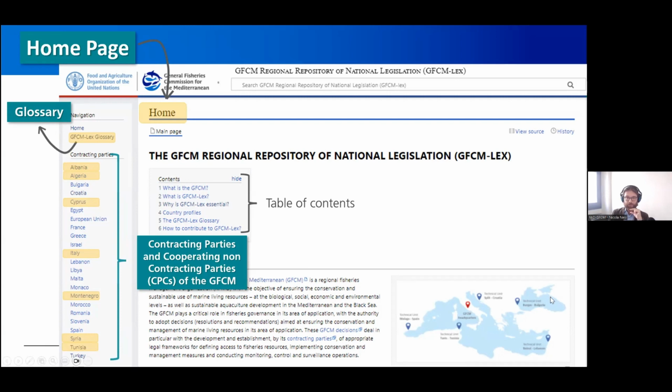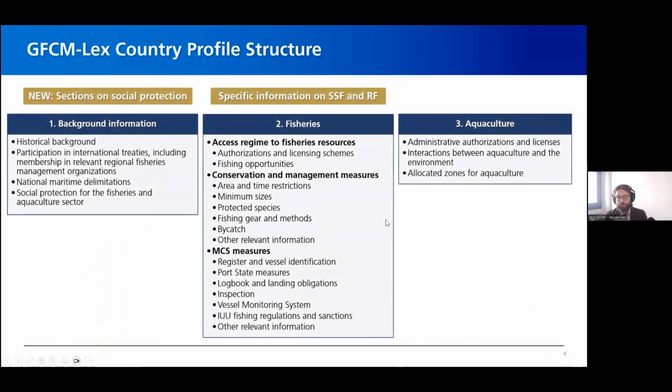Now, at the moment, we have elaborated drafts for 7 country profiles, and among them is Albania, which we'll delve into more in a second. Now, the aim here is to reach full coverage of all of our contracting and cooperating non-contracting parties, but work on that front is currently ongoing. Our profiles are composed of 3 main sections, as reflected in GFCM decisions.